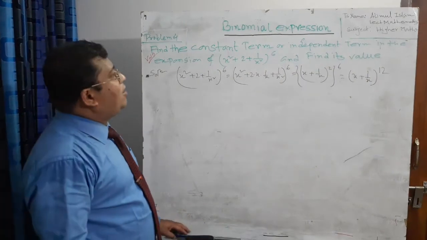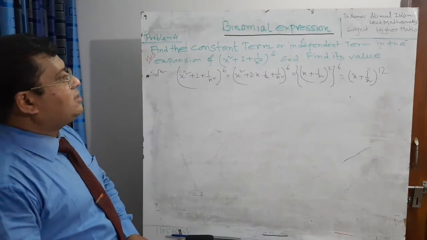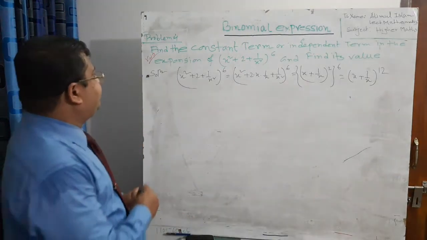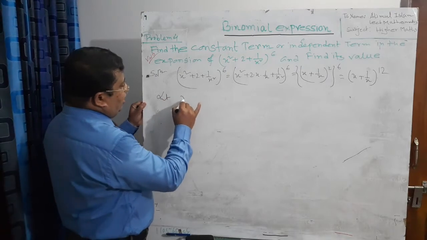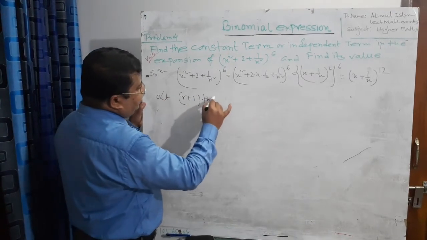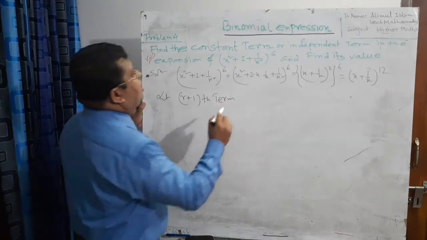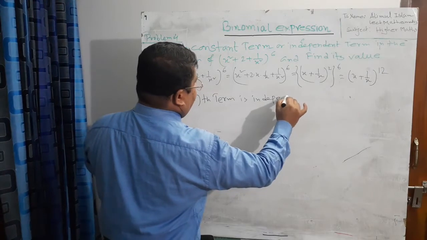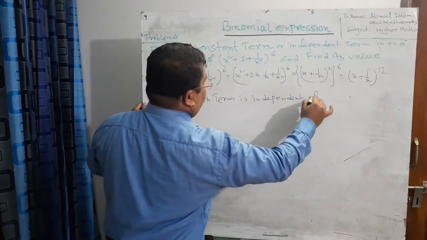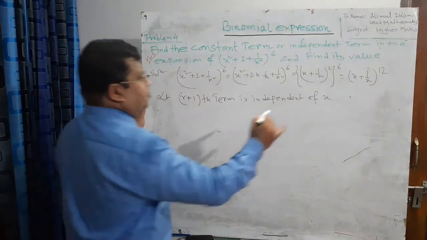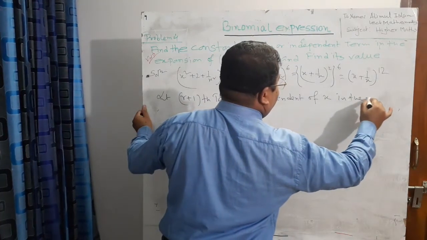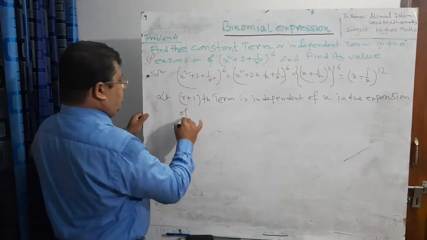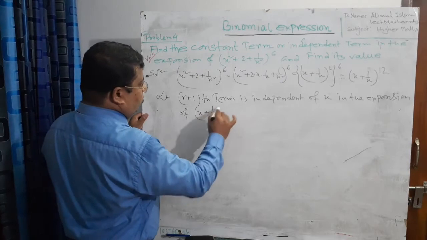Then let the (r+1)th term be independent of x in the expansion of (x + 1/x) to the power 12.